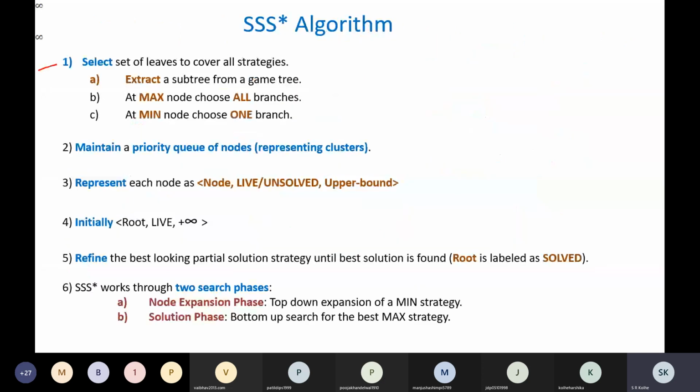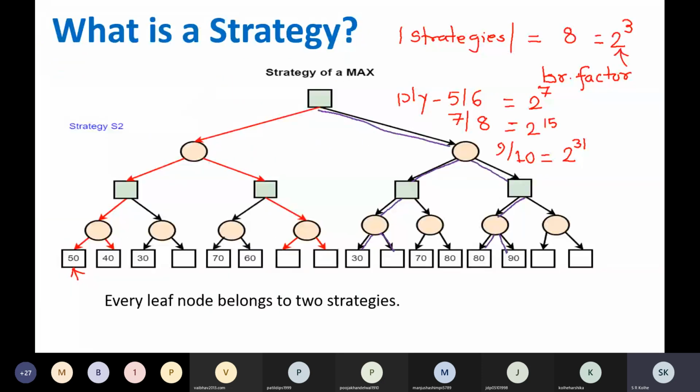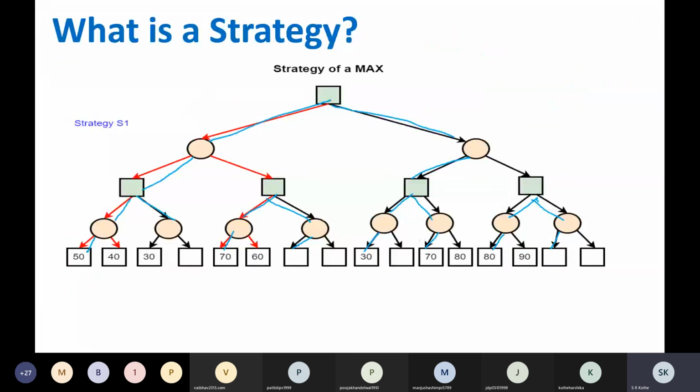At max node you select all branches, at min node you choose only one branch. So the same thing we have done out here.